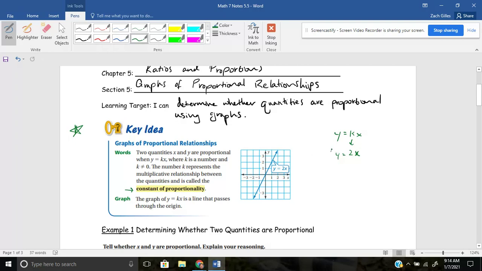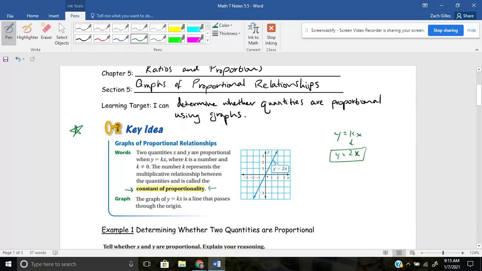If you were to graph this equation, that's what it would look like. The number k represents the multiplicative relationship between the quantities and is called the constant of proportionality. That's the relationship between x and y.